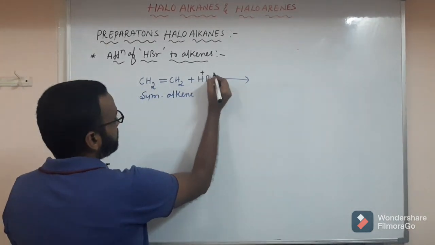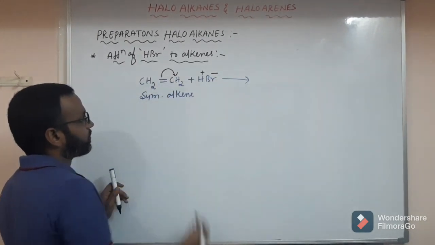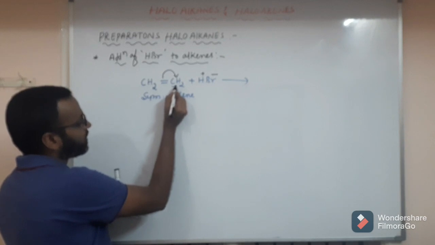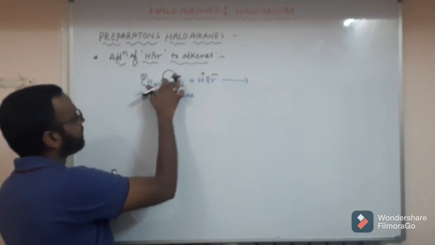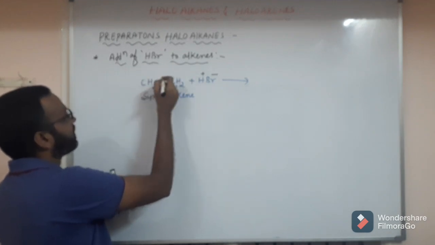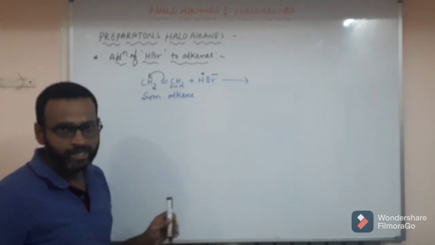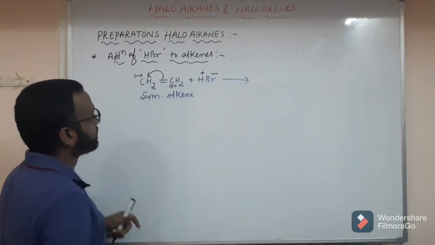So this is H plus and Br minus. So this will migrate over here. Suppose this carbon gets negative charge and this carbon gets positive charge, right? Then even if I am taking like this, if the pi bond migrated over here, this gets minus and this gets plus.